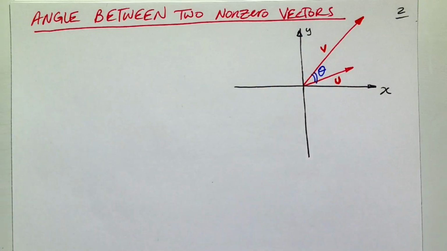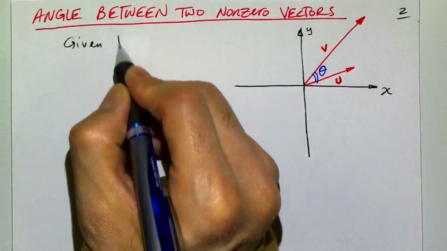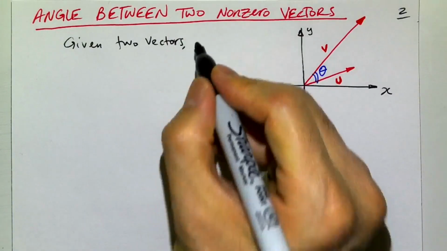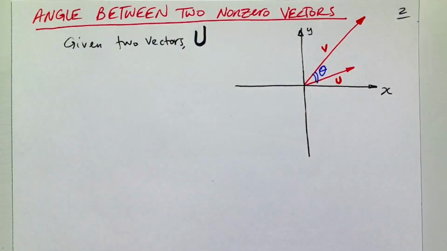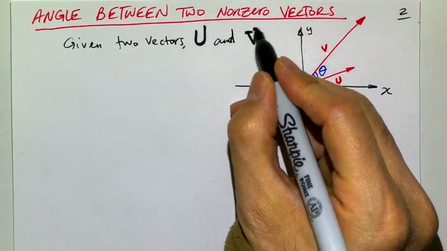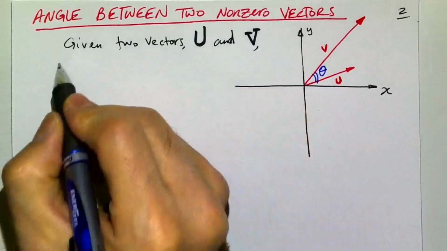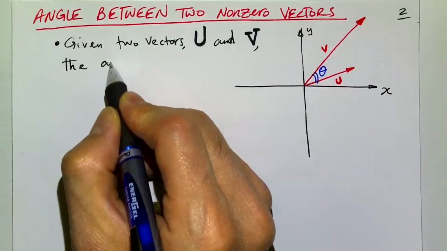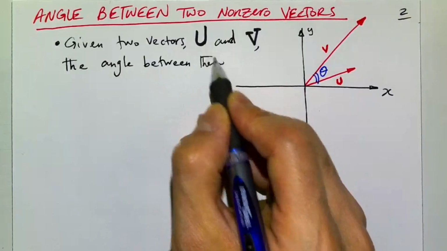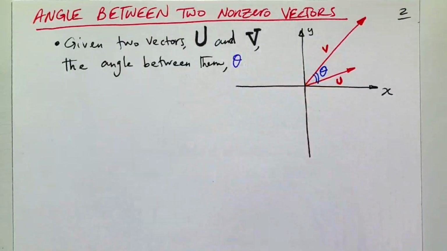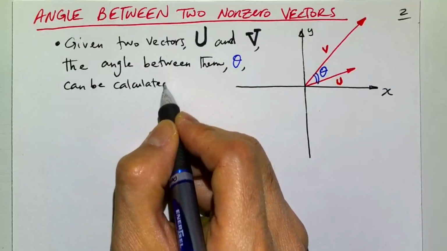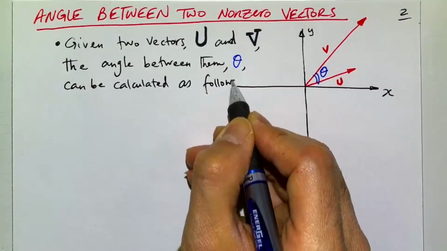So given two vectors u and v, the angle between them, let's call it theta, is found as follows.